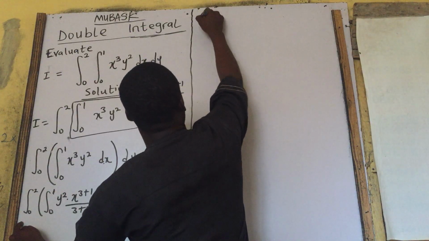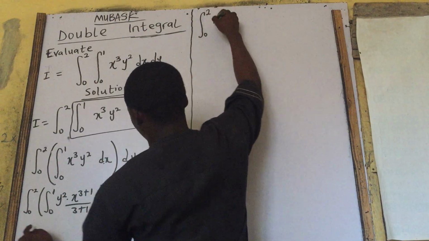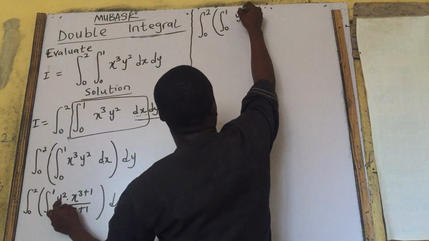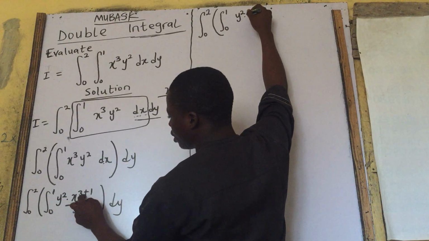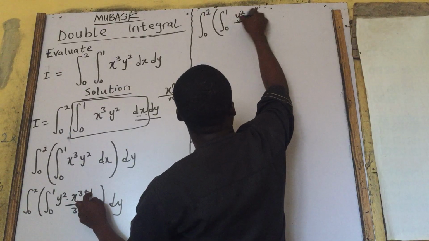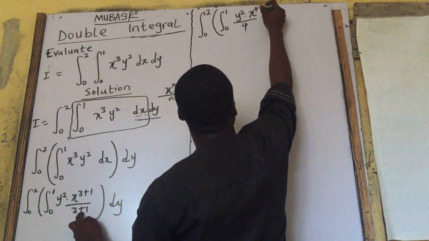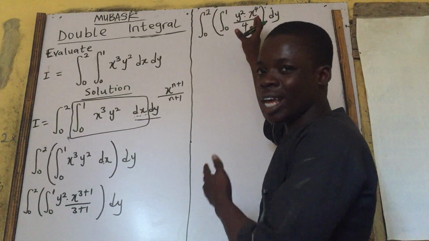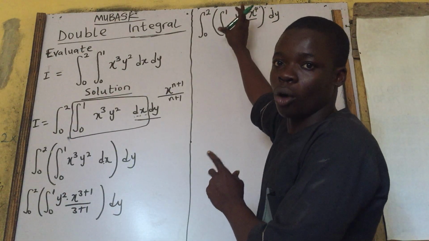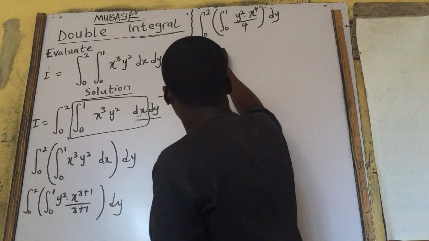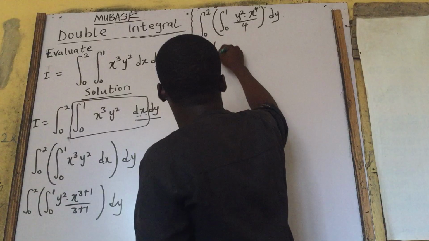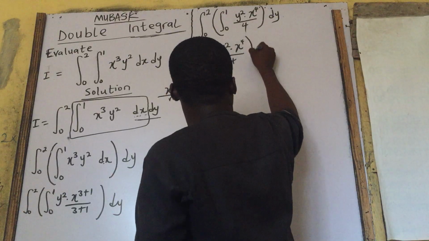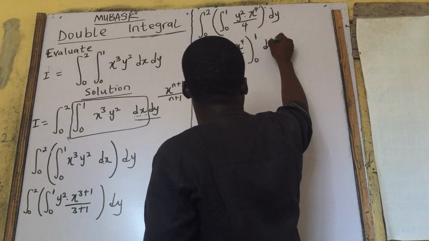Giving us y square multiplied by x raised to power 4 divided by 4, close bracket, from 0 to 1, dy.